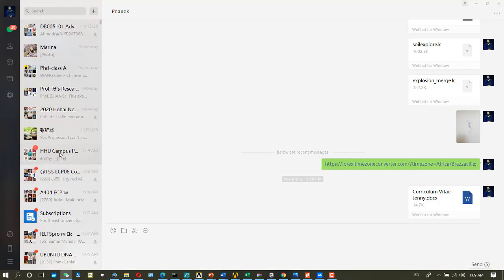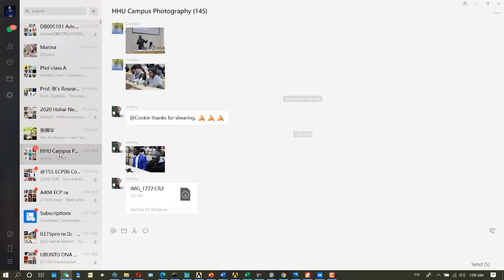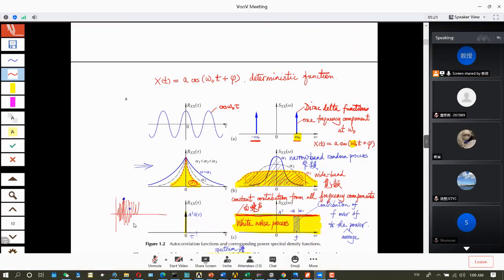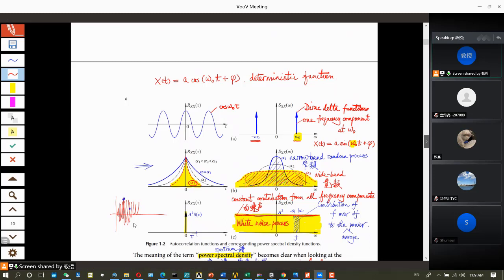Now, if we treat it as a random process, the correlation function is a harmonic function.